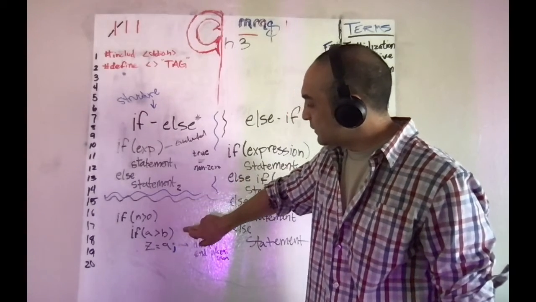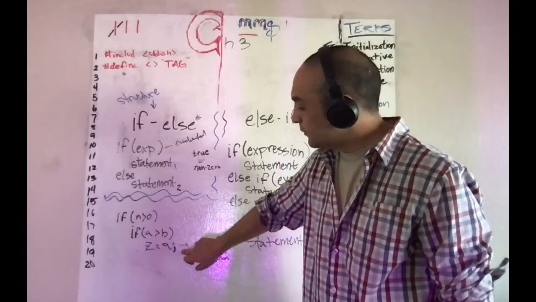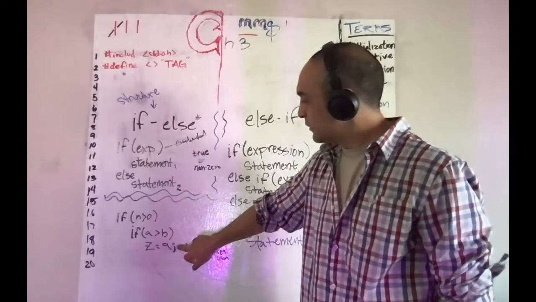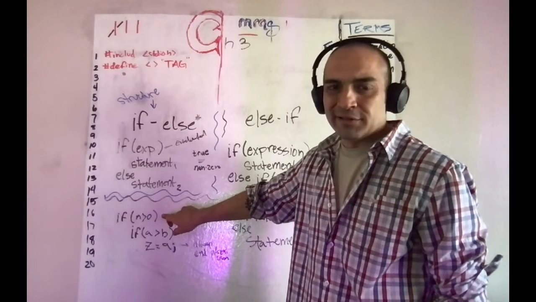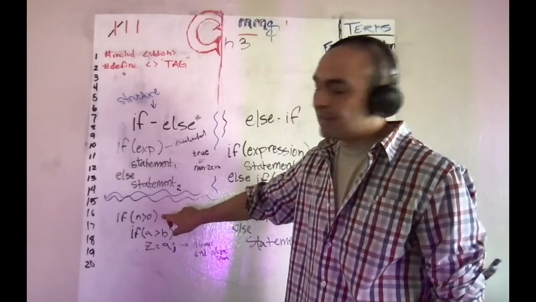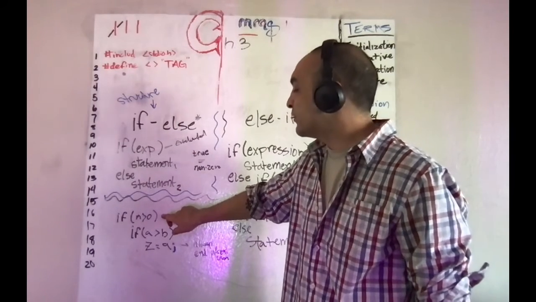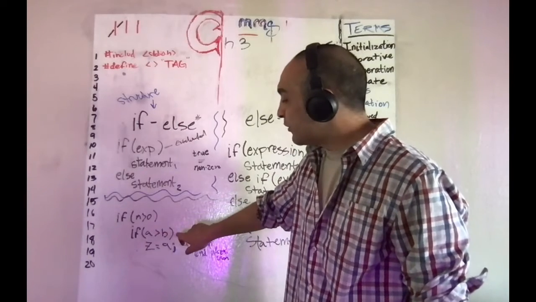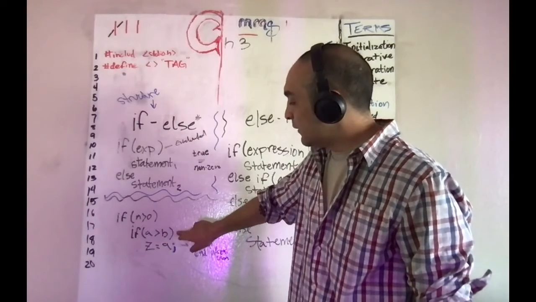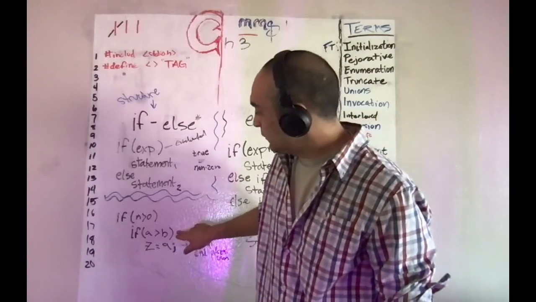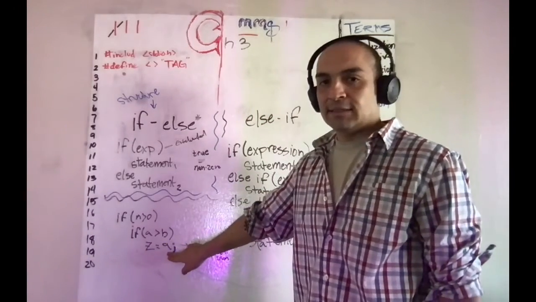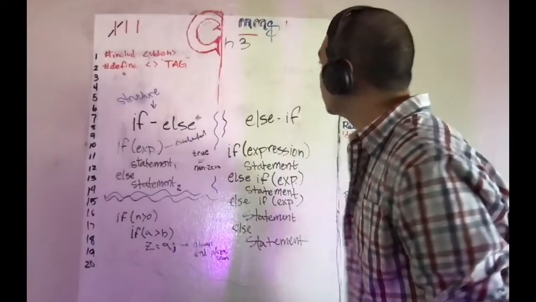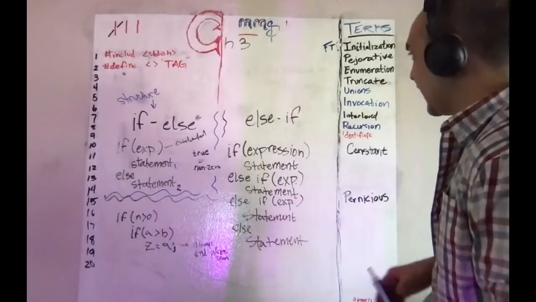Each expression is going to continue until you get that semicolon. So if n is greater than 0 is just an expression. It doesn't mean anything, it's no period at the end of the sentence. So it's saying if n is greater than 0, and if a is greater than b, no relation, then let's set z to a. End statement. Else is optional.